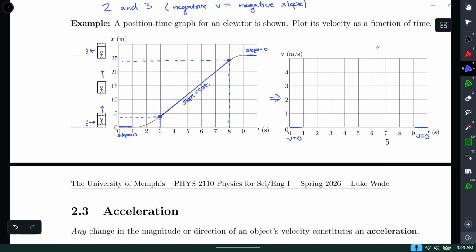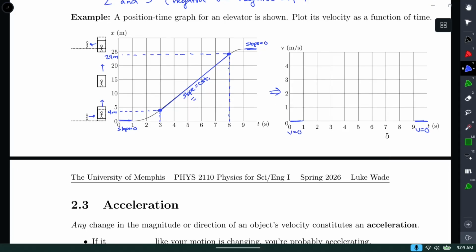So that looks to me like about 4 meters and 24 meters. So if I calculate this slope, it should be final minus initial over final time minus initial time. 20 over 5 is 4, but it's a positive 4.